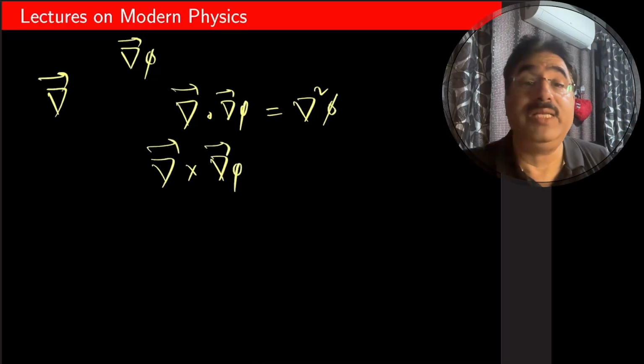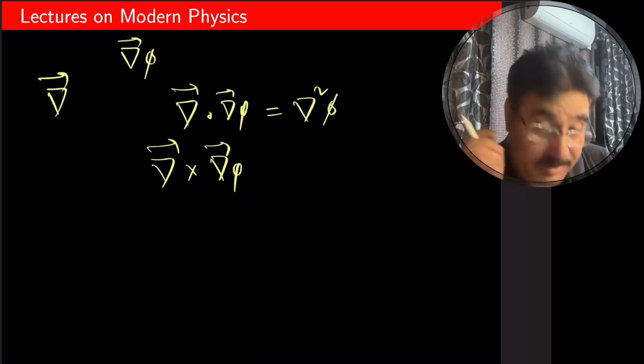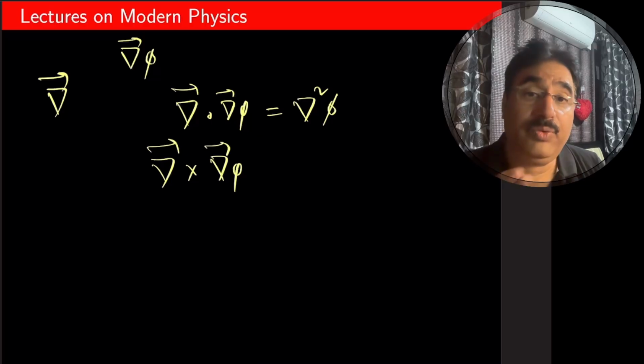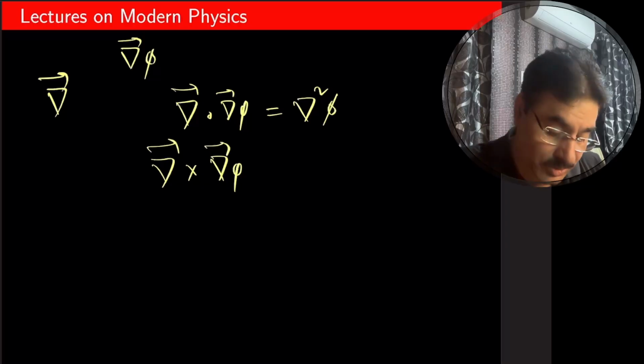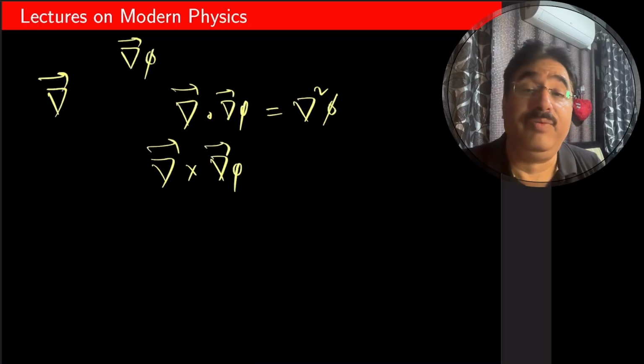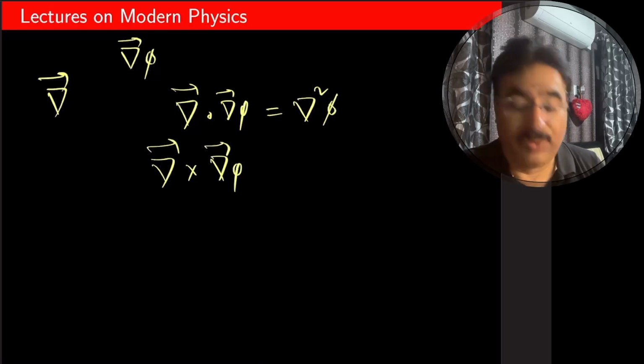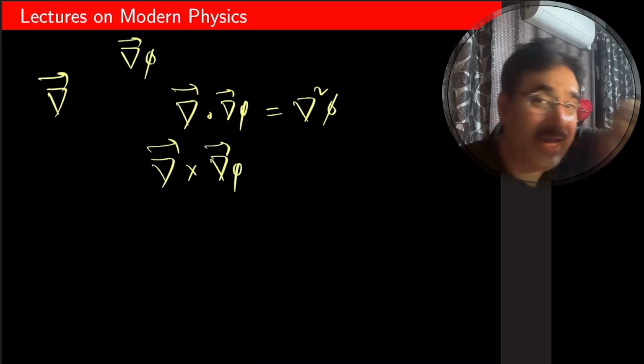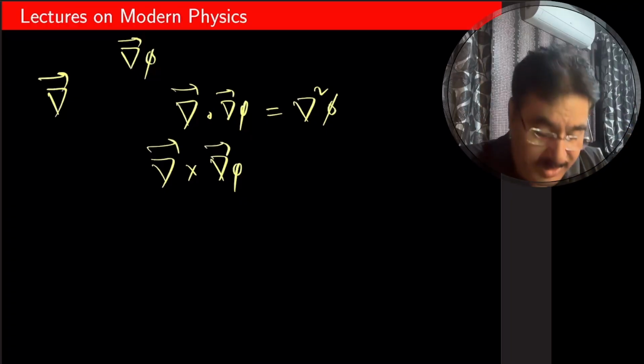You can easily see, by a simple identity in vector algebra, that if you have two vectors in the same direction and you take their cross product, you will get 0. If I expand it with the determinant formula, two row entries would be the same, so you will get 0 anyway. The other way of thinking is that the gradient gives the direction of maximum change, so it's not curving around. So the curl of the gradient is 0.